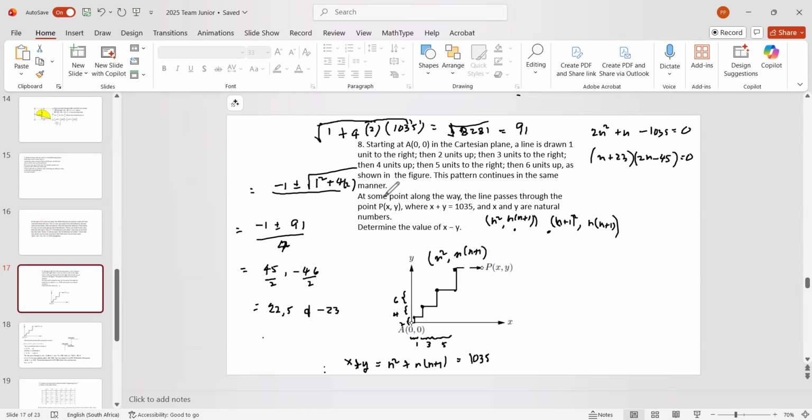But you see, at some point along the way, the line passes through this point. We are not talking about necessarily those points, but some point along the way, it could be here somewhere. So let's see, the closest value of n is 22. So let's try n equals 22.